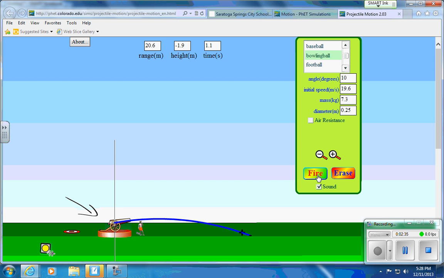Now, keep in mind that for a Regents physics projectile launched at an angle, the launch height must equal the landing height. And on this particular simulation, that isn't quite the case. The cannon is actually elevated slightly.